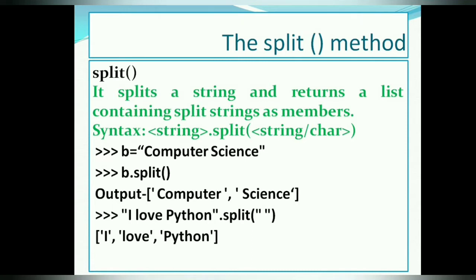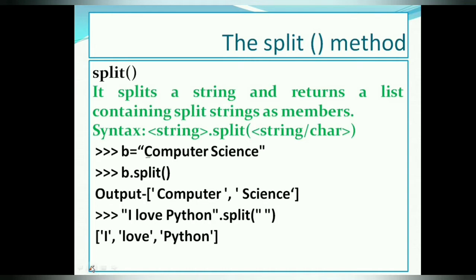Syntax is string.split, and you can split without any argument or with an argument. We can use split with a line of text to split it into words. It has two words, computer and science.